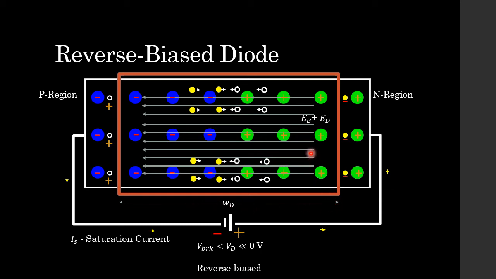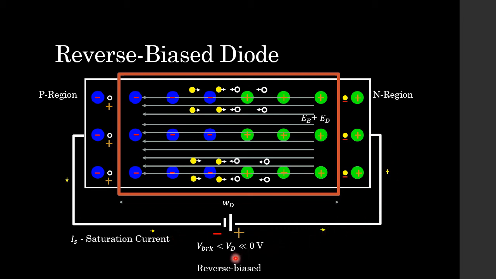Again, because we have a stronger electric field, we're still going to get electrons, which are minority charge carriers from the p region, moving across, and holes, which are minority charge carriers from the n region, moving across. And this movement of charge carriers sets up this very, very minimal saturation current.